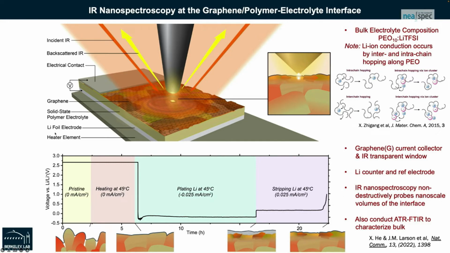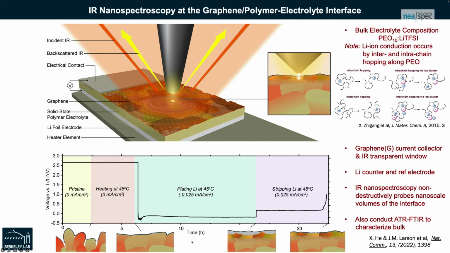And so what we did in this case is we collected Nano-FTIR and ATR at 4 electrochemical states of the device: in the pristine state, in the heated state, and then after plating, and then after stripping. Down at the bottom here are cross-sectional illustrations of what the interfacial region may look like based upon the data we collected.